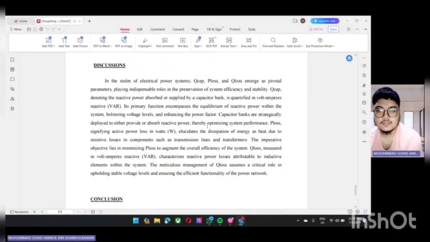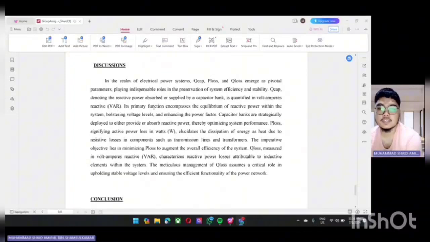Okay, so for the discussion, in the realm of the electrical power system, Q cap, P losses, and Q losses emerge as pivotal parameters playing indispensable roles in the preservation of the system efficiency and stability. Q cap, denoting the reactive power absorbed or supplied by the capacitor bank, is quantified in volt amperes reactive, VAR.